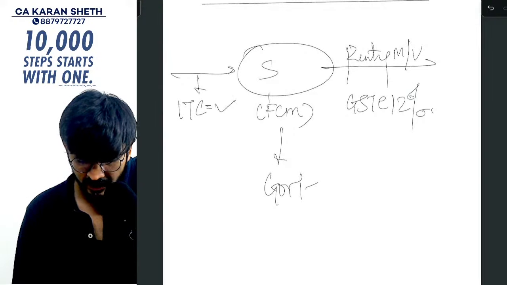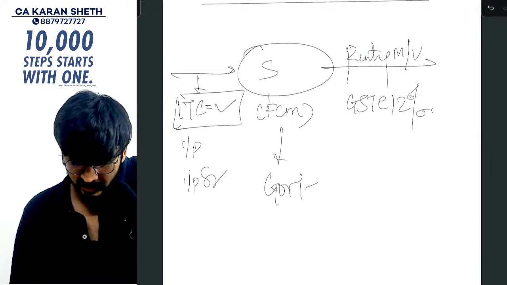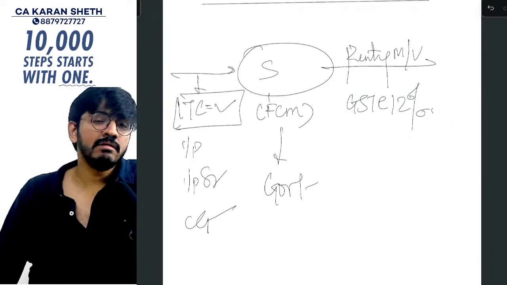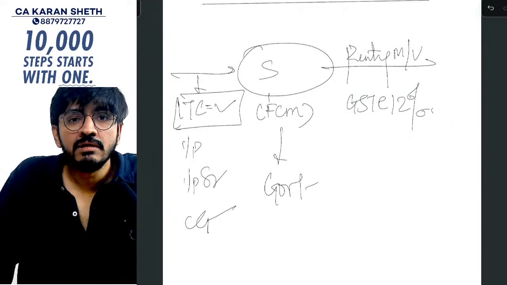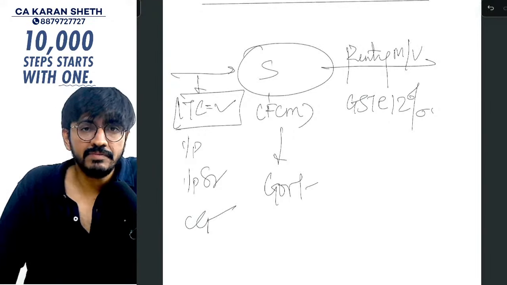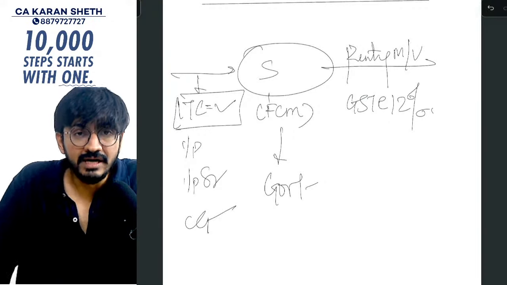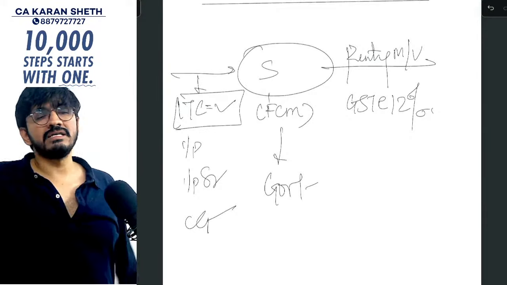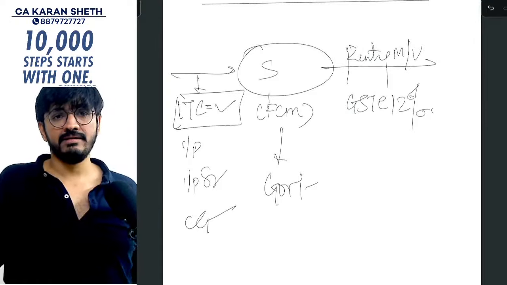And here he will get all the ITC in the world of input, input service and capital goods. Everything. He will get ITC of everything, because the rate at which you are charging GST is big enough. It's like 12%.